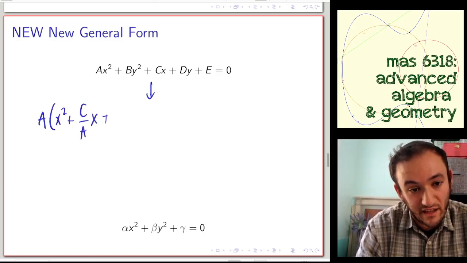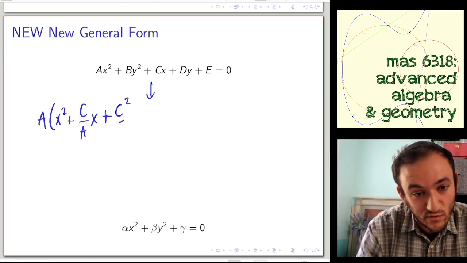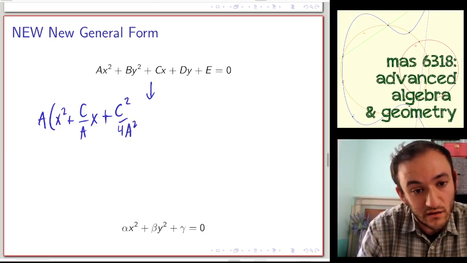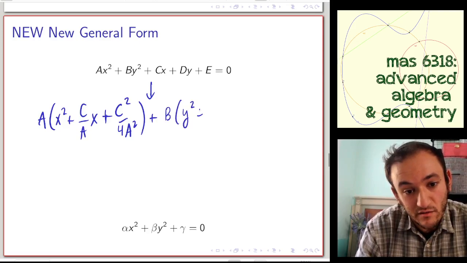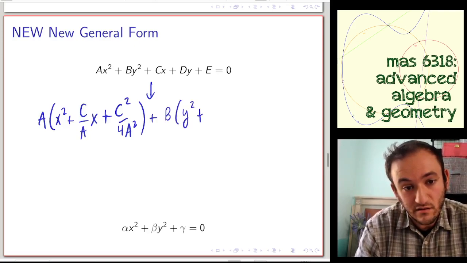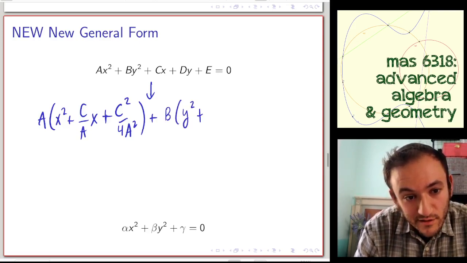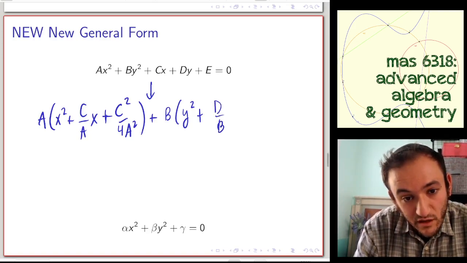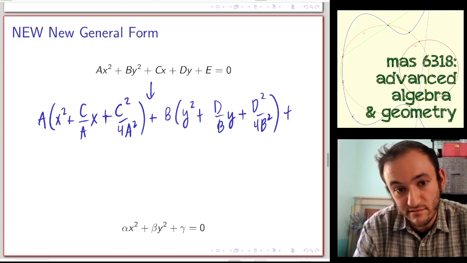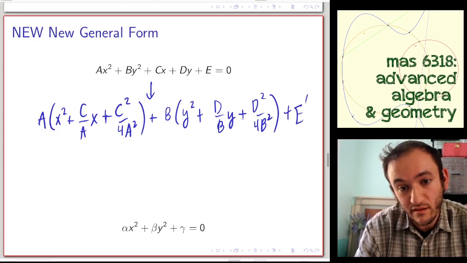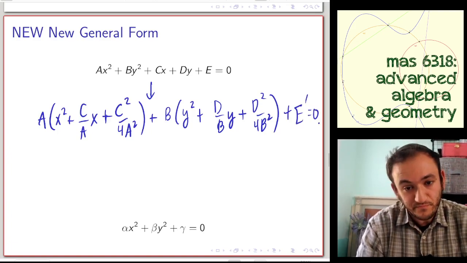Then you can add c squared over 4a squared to complete that square, and then you'll have plus b times y squared plus d over b y plus d squared over 4b squared, and then plus some constant, our e prime, equals 0.